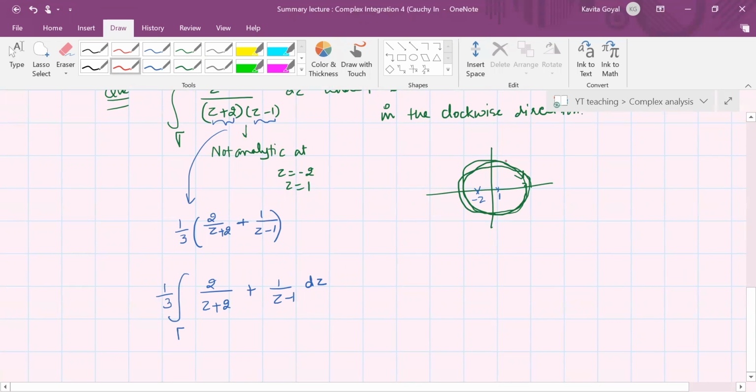Now you see, this is your gamma, so you make a small circle around 1 and a small circle around -2, both negatively oriented, meaning clockwise. So you call it C1, call it C2.